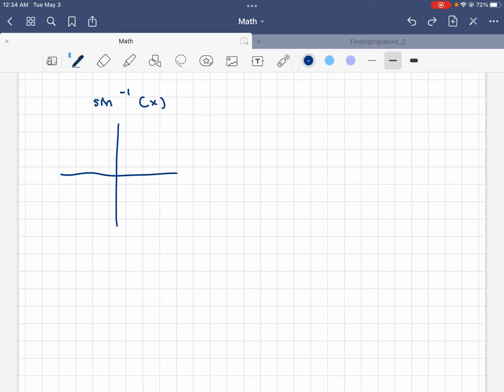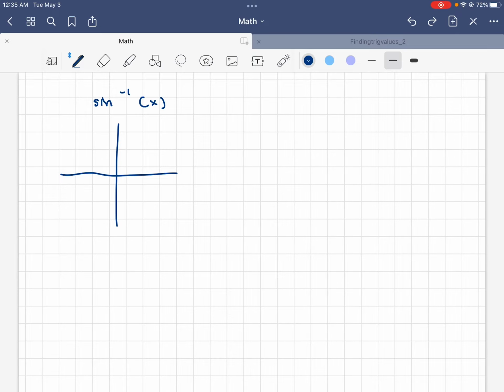So the answer would be does not exist if it was asking for sine inverse of 2, because the unit circle only goes to 1.